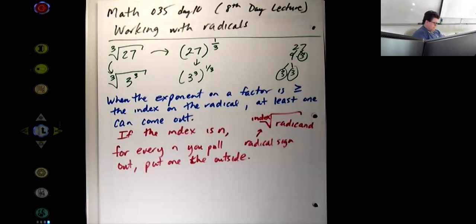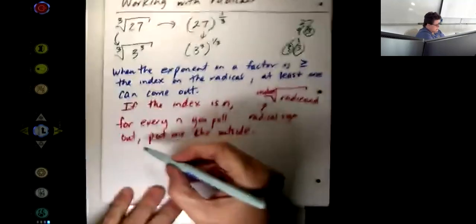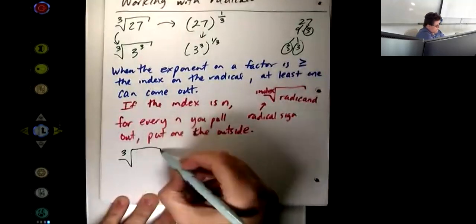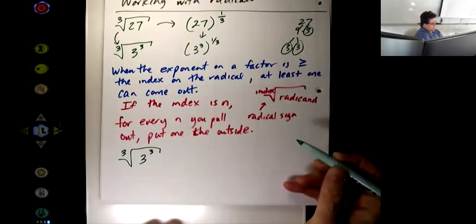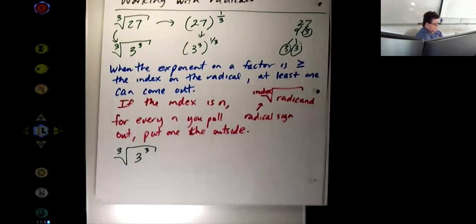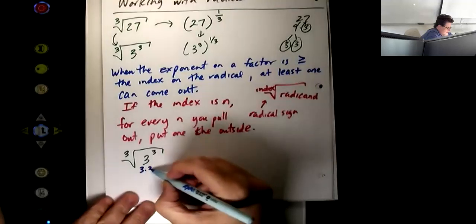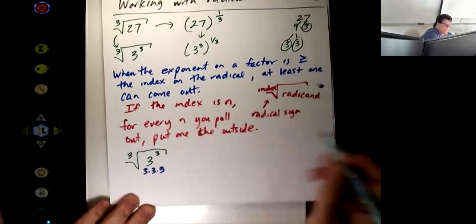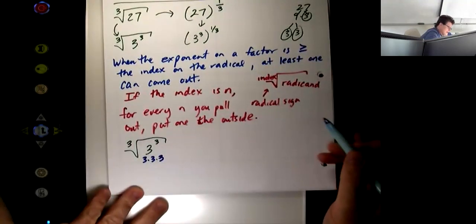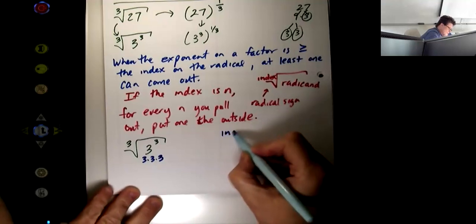So what does that mean with my 3 to the 3? You got a cube root of 3 to the 3rd power. Which means this is 3 times 3 times 3, just as a reminder. My index equals 3.